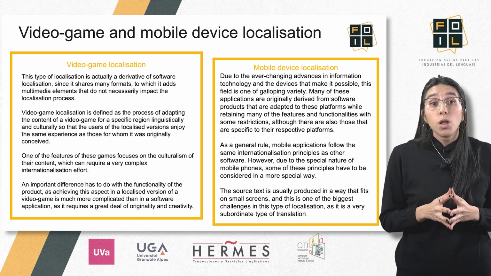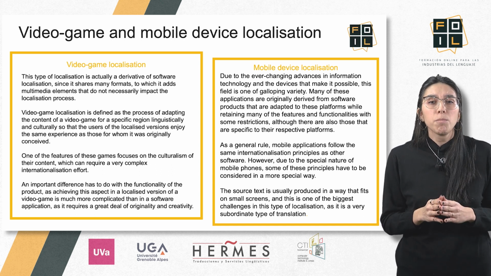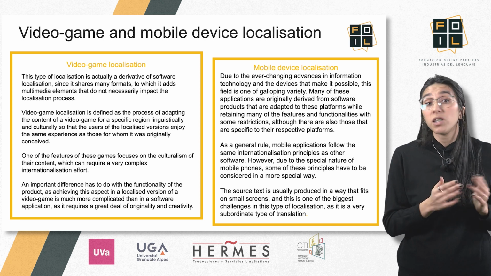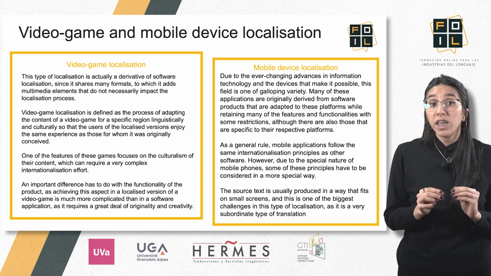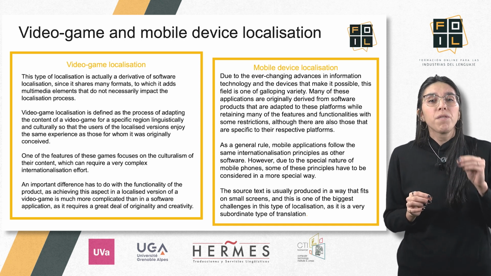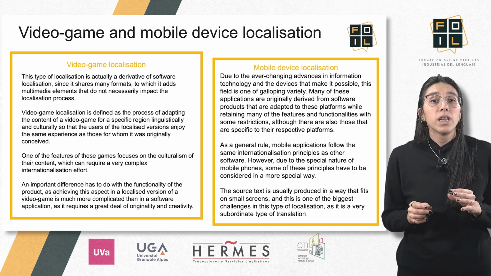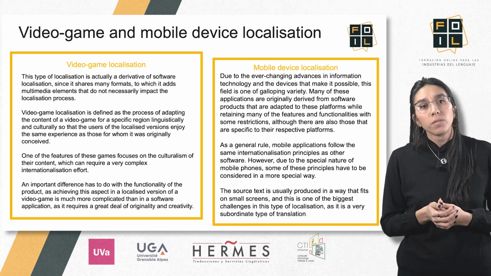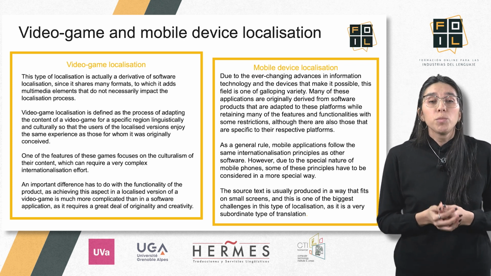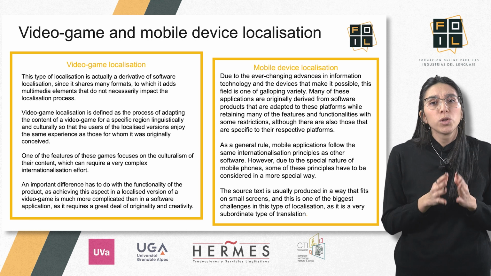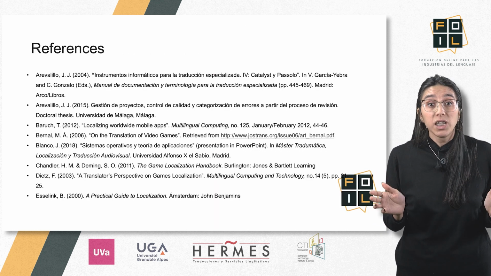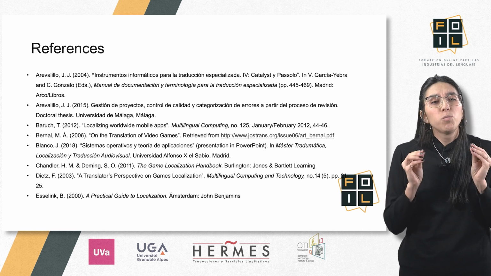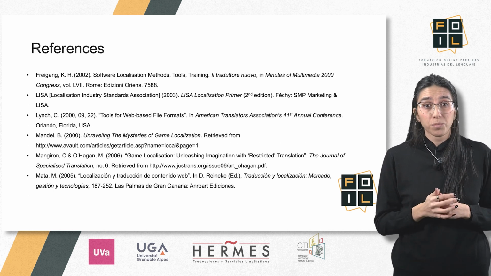As a general rule, mobile applications follow the same internationalization principles as other software. However, due to the special nature of mobile phones, some of these principles have to be considered in a more special way. The source text is usually produced in a way that fits on small screens, and it is one of the biggest challenges in this type of localization, as it is a very subordinate type of translation.